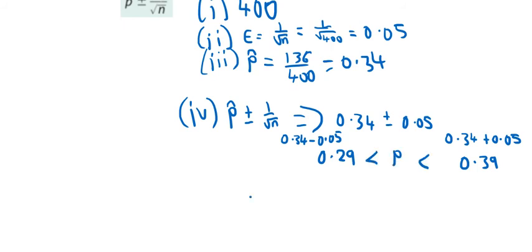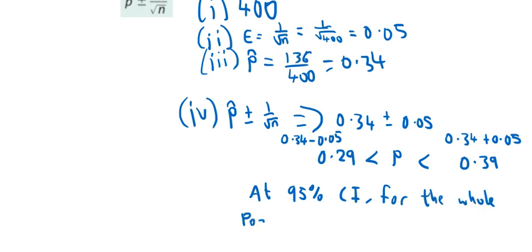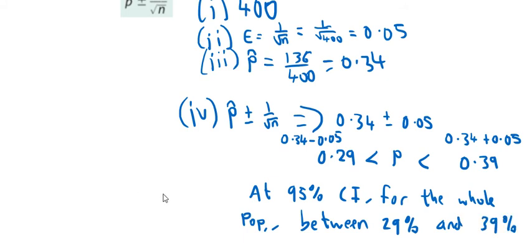At a 95% confidence interval, this allows us to give a figure for the whole population: between 29%, because 0.29 is 29%, and 39% would feel discomfort.